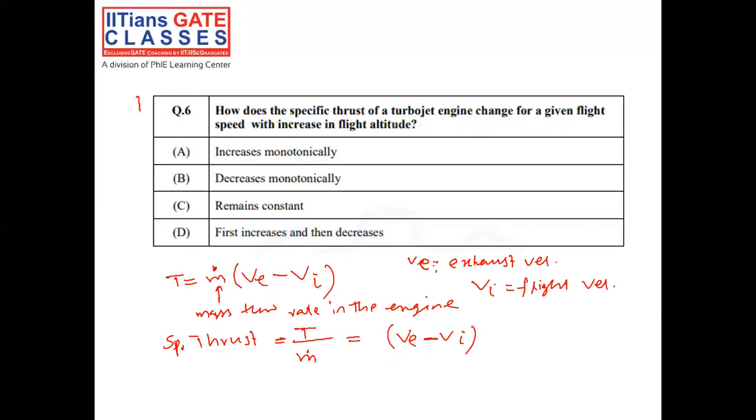So this Ve, the exhaust velocity, is the nozzle exhaust velocity. It can be calculated by doing an energy balance across this nozzle.